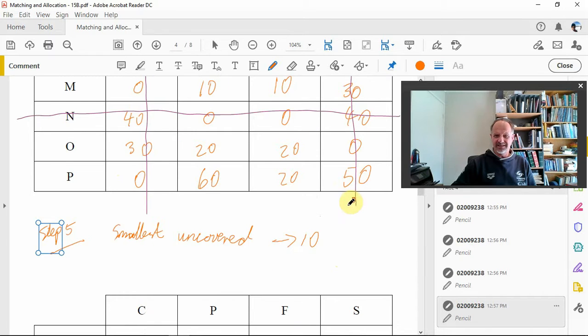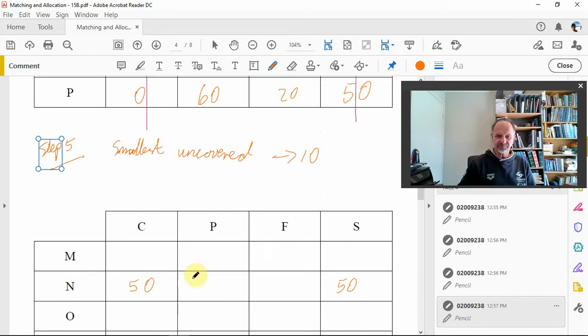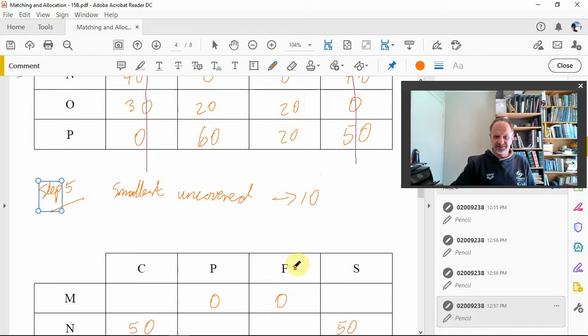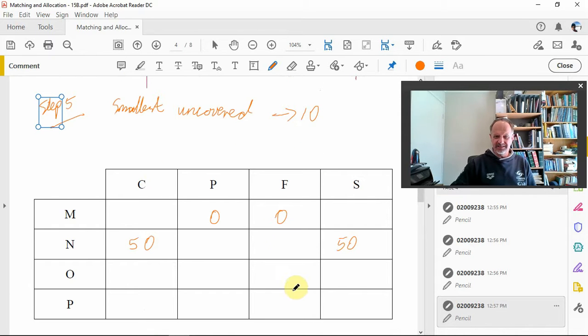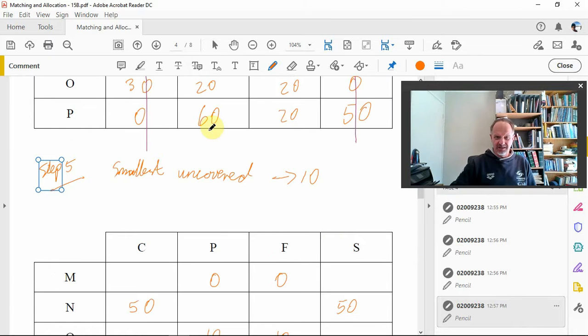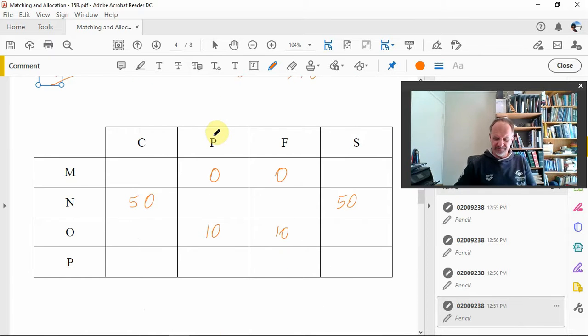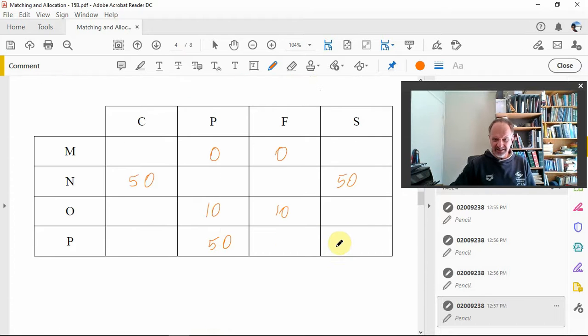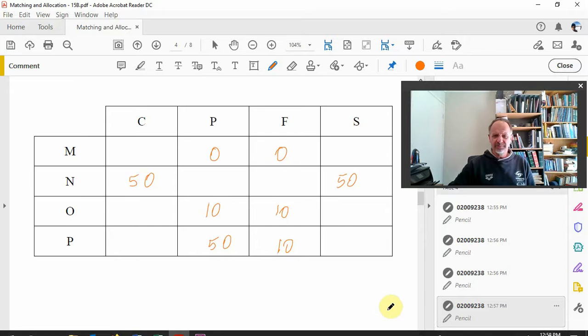So 10 take 10 is 0. 10 take 10 is 0. 20 take 10 is 10. So there's a 10 there and a 10 there. 60 take 10 is 50. And that other one, 20 take 10 is 10. All right, so that's what we've done there.